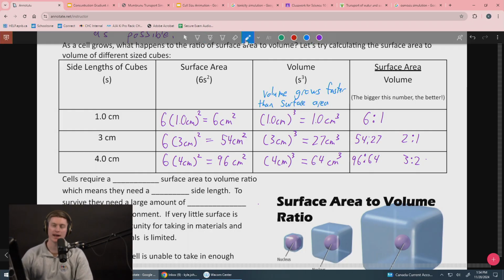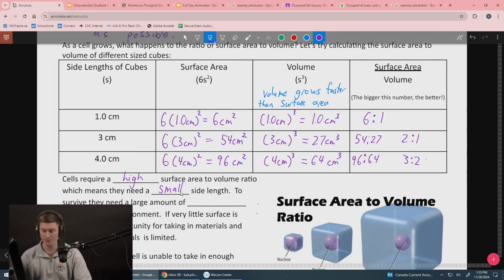So if we want to have the most surface area possible and the least amount of volume, then we need the smallest side length, because cells require a high surface area to volume ratio, which means they need a small side length.